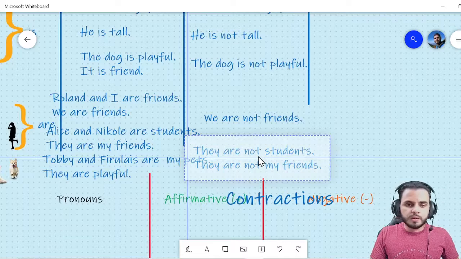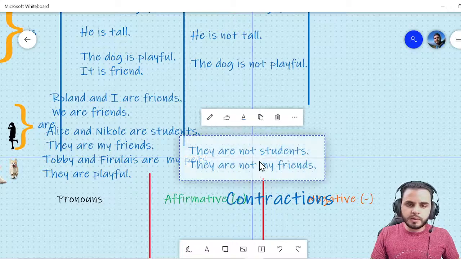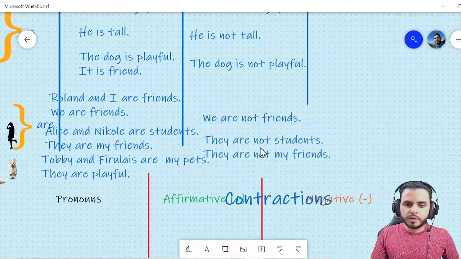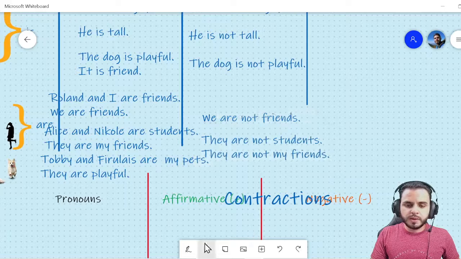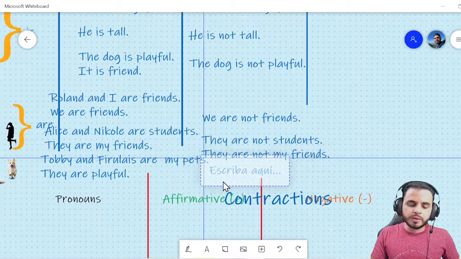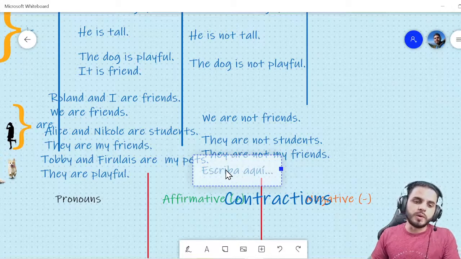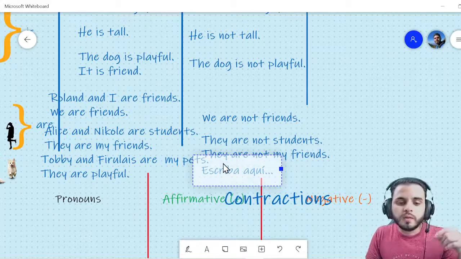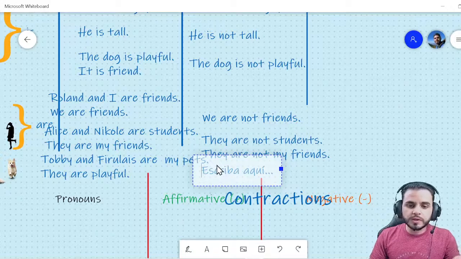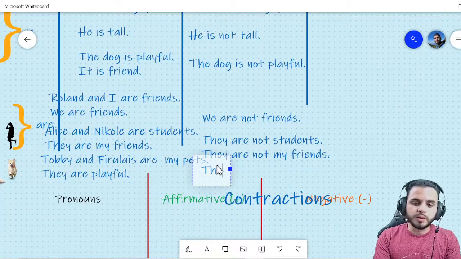Or maybe, if you're talking about two animals, then the same thing. We can use the pronoun, or we can use their names as we see them there. So we have Tavi and Firulais. Instead of saying Tavi and Firulais, if we already know who they are, then we're going to use they.